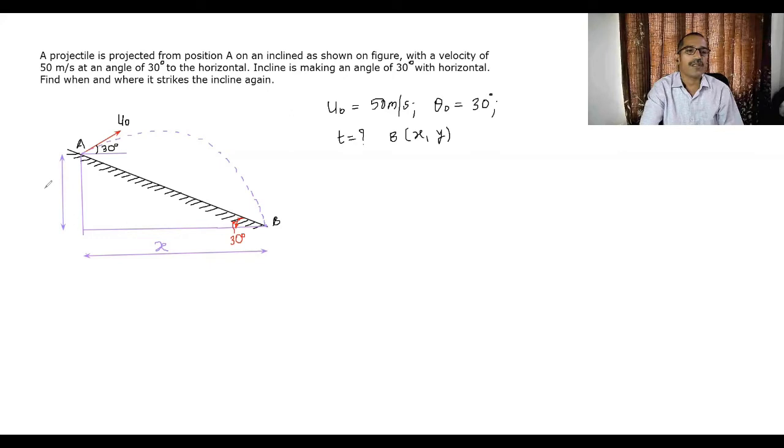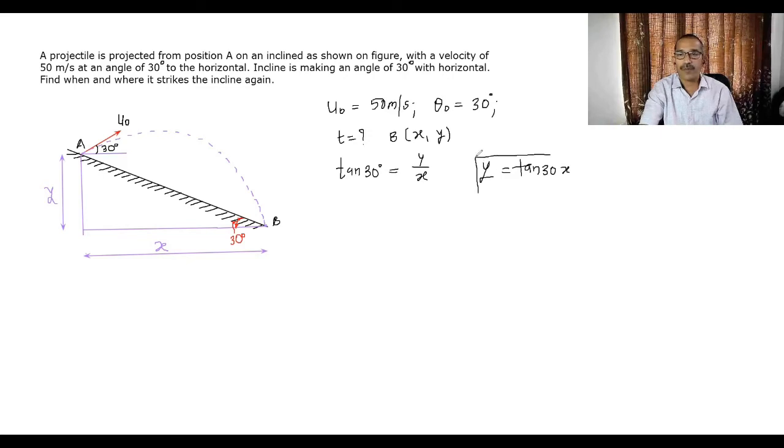Now, is there any chance of getting a relation between x and y? Simple, the angle 30 is given. This one is y, opposite; x is adjacent. That means tan of this angle 30 degrees is opposite upon adjacent. That means y is equal to tan 30 times x. This is the relation between x and y.